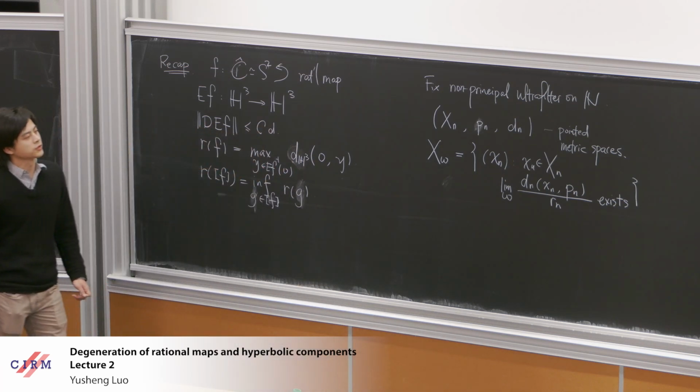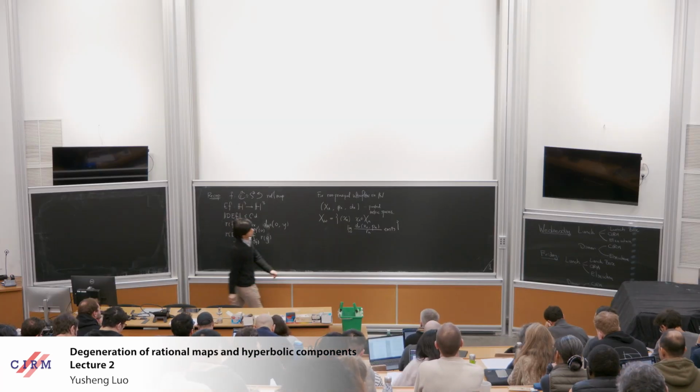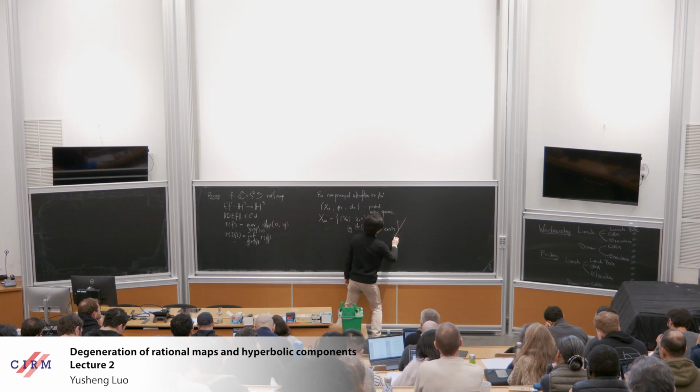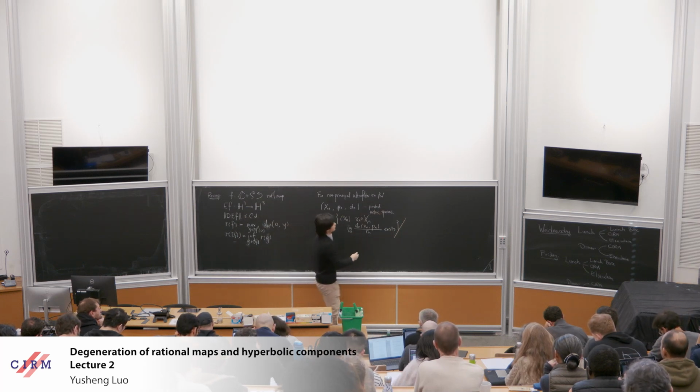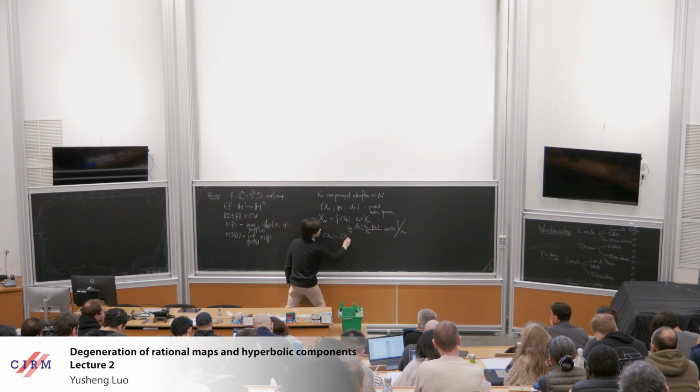So in other words, this limit does not go to infinity. And then of course, you're going to quotient by an equivalence relation where x_n is identified with y_n if, when you compute the distance between x_n and y_n, the ultralimit of this distance is 0.